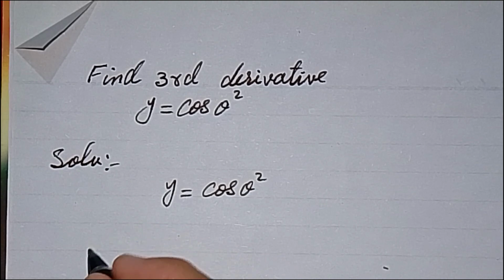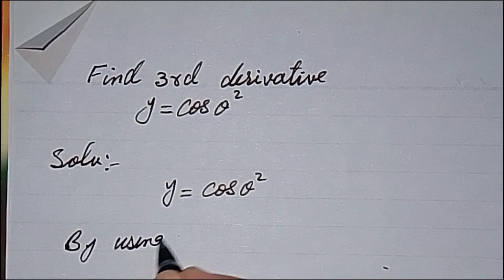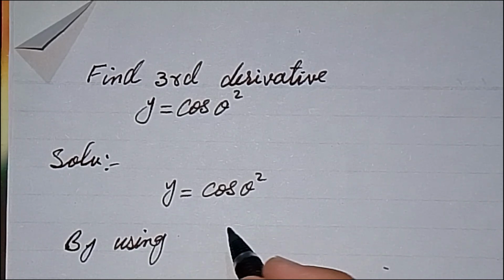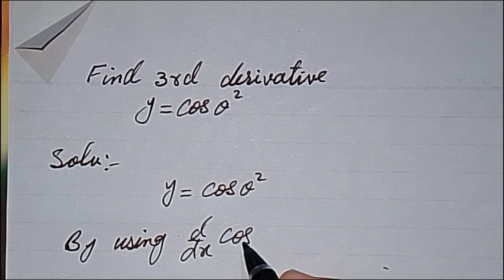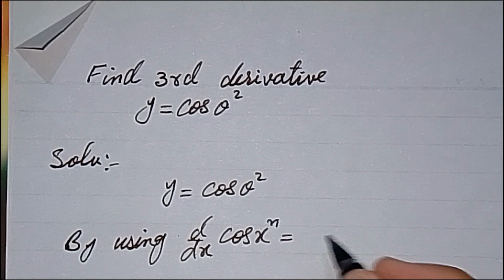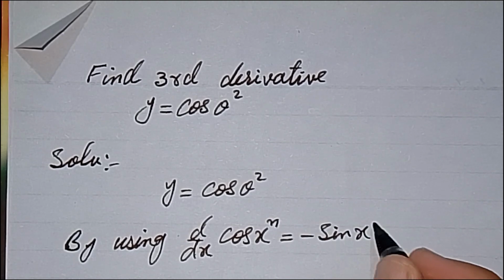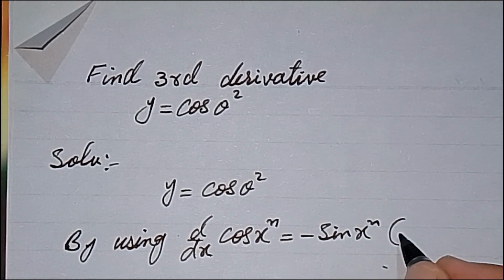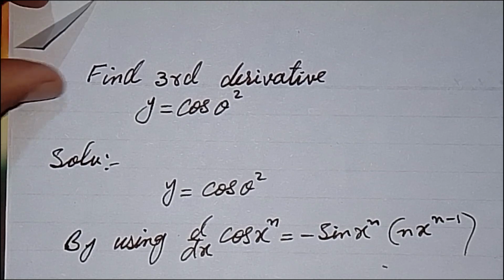By using the formula d over dx of cos x raised to the power n is equal to minus sine x raised to the power n into n x raised to the power n minus 1. We use this formula.